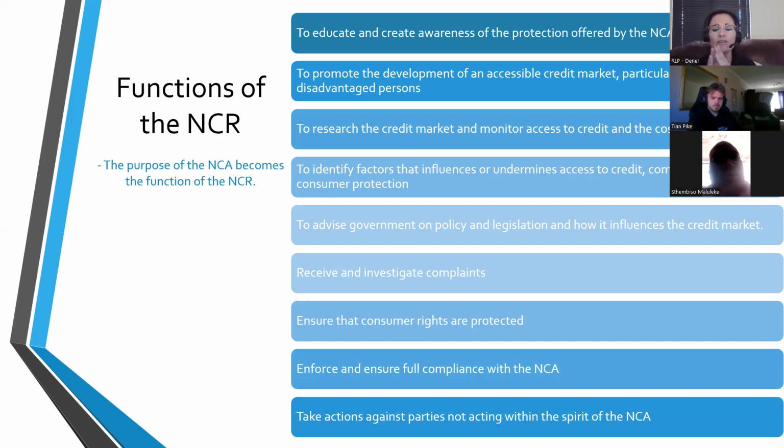Then it's to research the credit markets and to monitor access to credit as well as the cost of credit, to identify factors that will influence or undermine access to credit, competitiveness, or consumer protection. It is also to advise the government on policy and legislation and how this will influence the credit market.